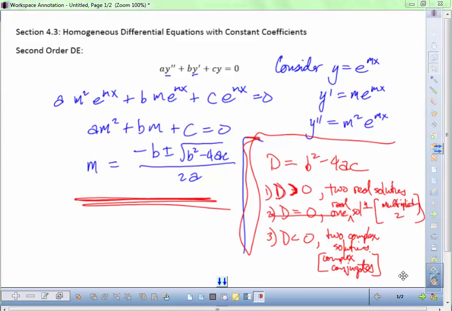With a quadratic equation, we have three possibilities. We have the possibility that we have two real solutions. We have the possibility that we have one real solution. And then we have the possibility that we have complex conjugates.